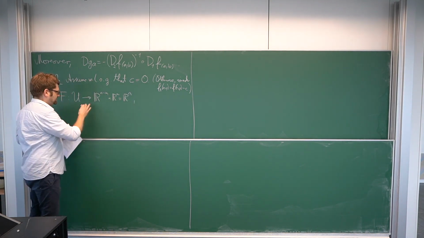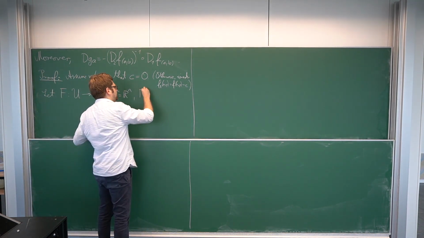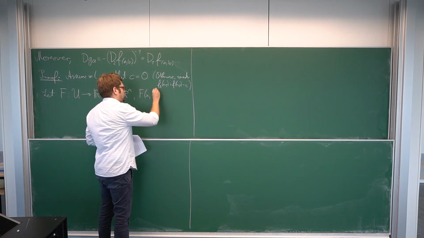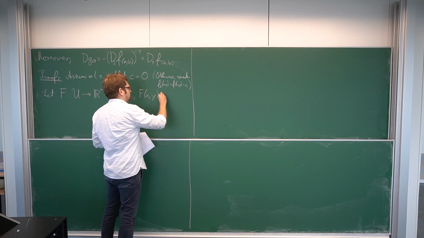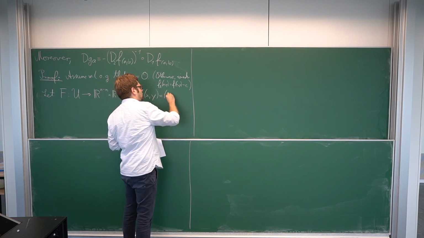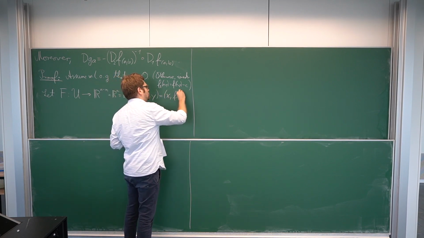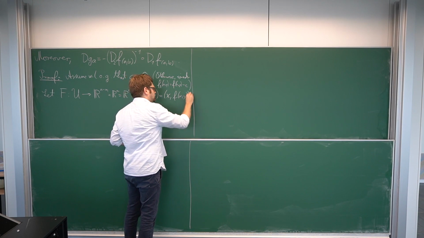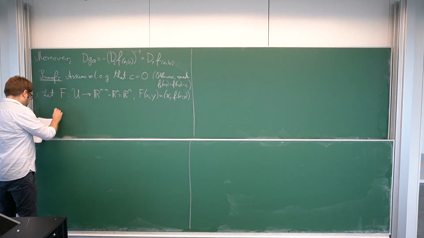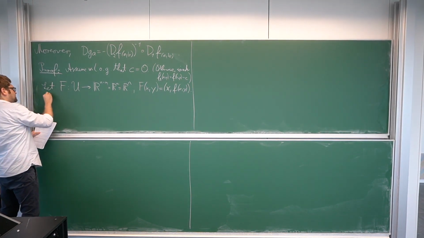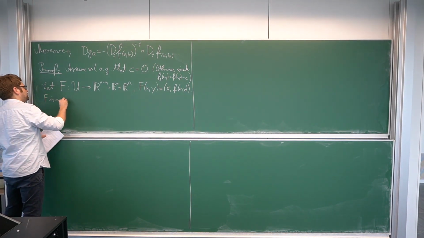To be explicit with components, capital F of (x, y), where x is the R^(n-m) part and y is the R^m part, shall be in the first component just x, and in the second component small f of (x, y), which is in R^m. So obviously this is continuously differentiable since small f is.